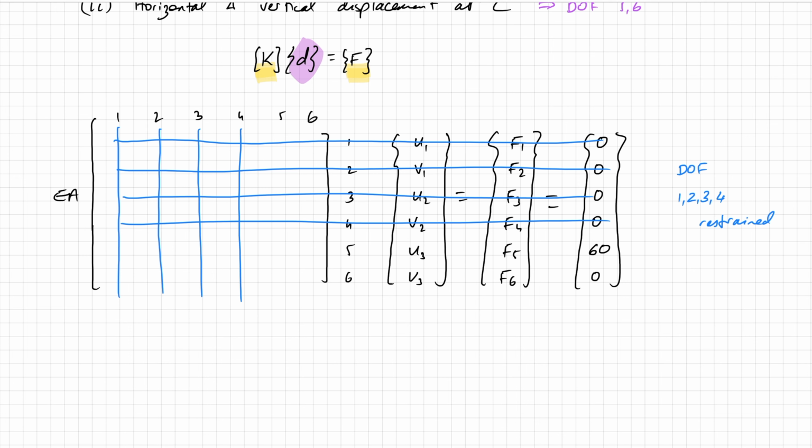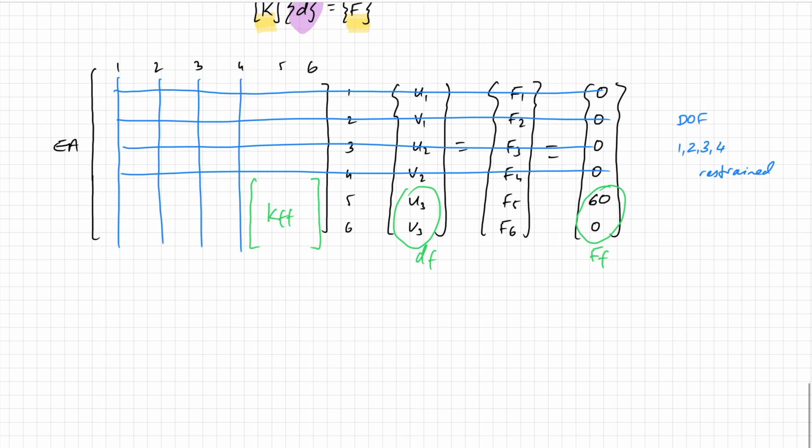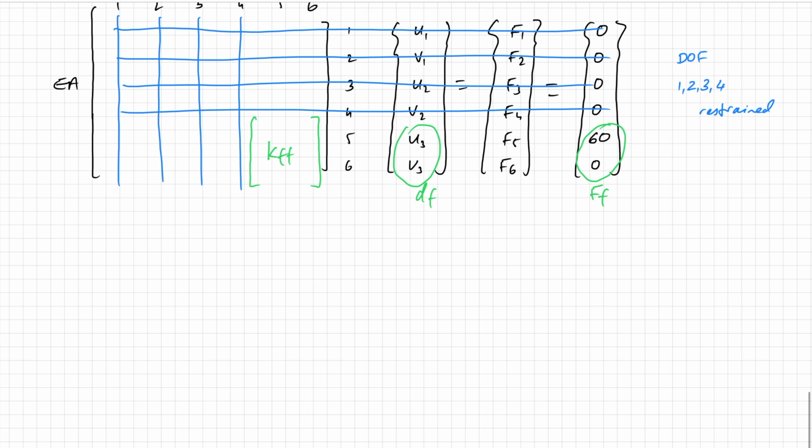And that leaves us with this little bit of the stiffness matrix here, KFF, the 3 degrees of freedom, which is this bit here, DF, and the external loads on those 3 degrees of freedom, FF. And that's all we need to solve to get the displacements, because as we said, all the other displacements are 0. So let's now write that with the numbers that we already found.